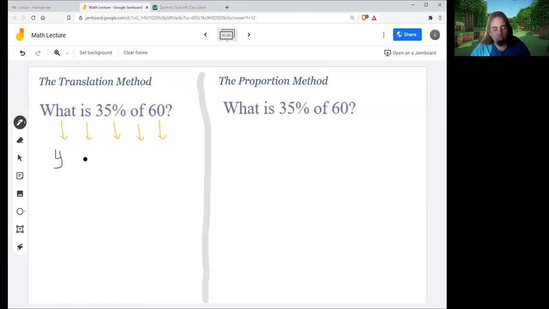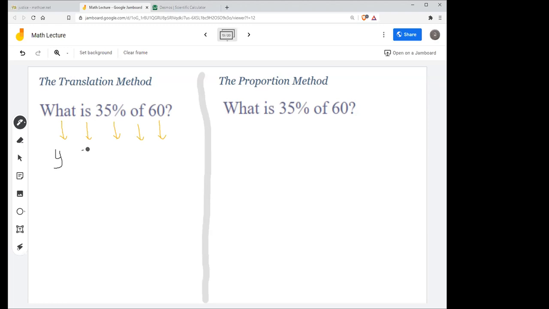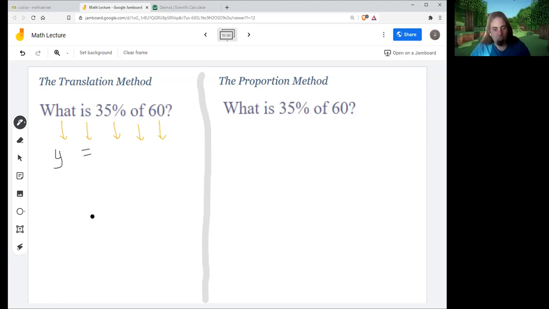Is becomes what? Equals. Is always equals. What's the other word that we translate here? Of becomes multiply, just like in the percent of that we did before. We want to take any percents and turn them into decimals because our calculator likes that best.